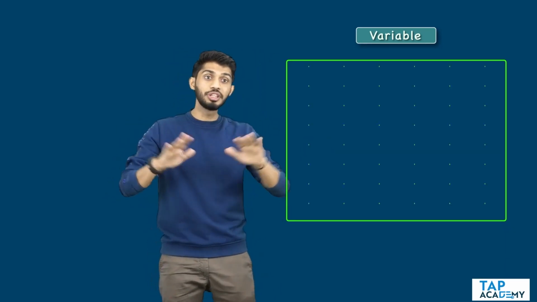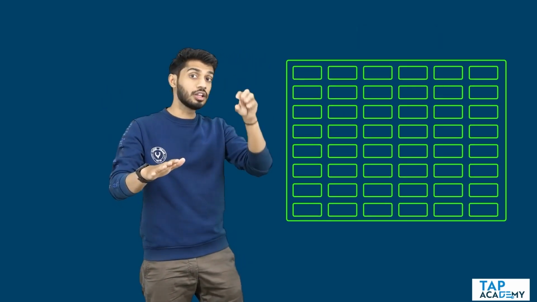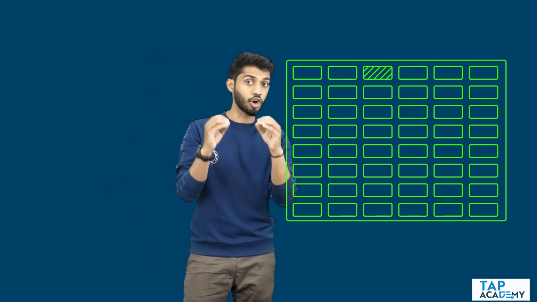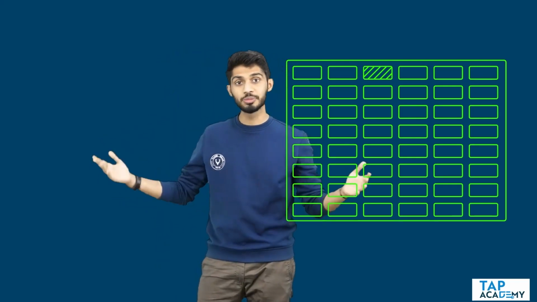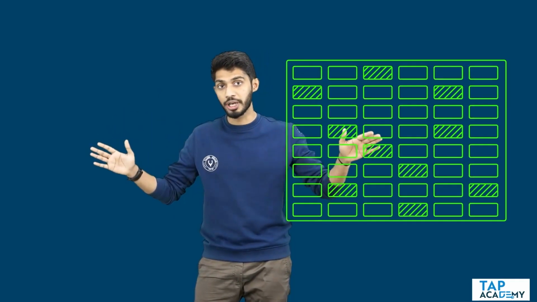Now let's assume this is the memory that I have. Whenever you create a new variable, a new block of memory gets occupied. In the same way, you might be creating new variables multiple times and deleting those variables multiple times. So there will be a lot of memory which is occupied and a lot of memory which is not occupied.